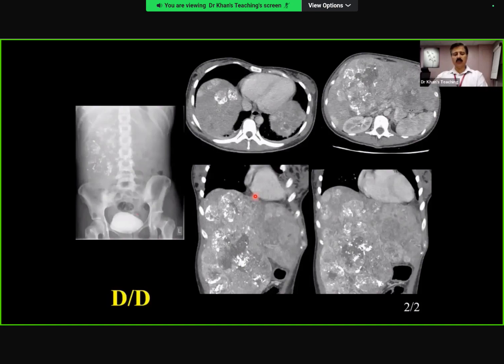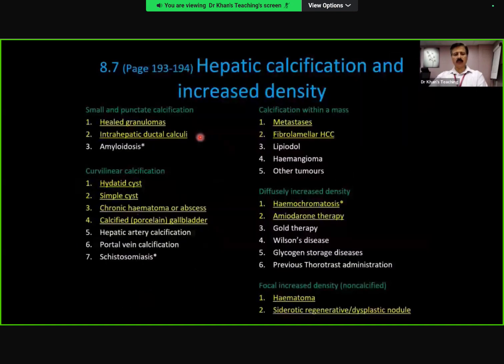And this was actually metastasis post-radiotherapy. So they have calcified there. Metastasis, you see this metastasis? A calcification within a mass. So it can also happen.